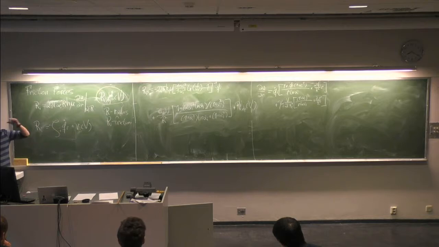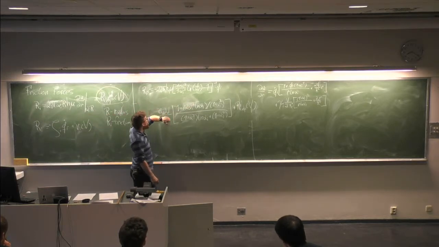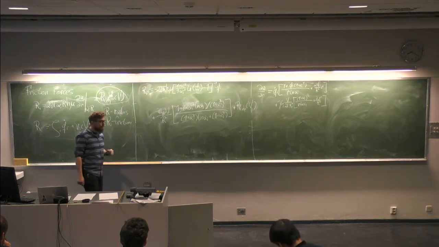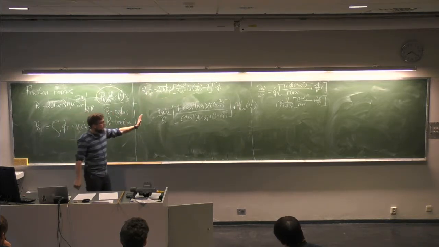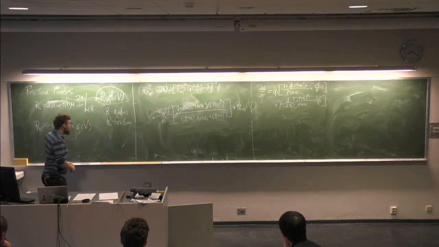Okay, so we have this kind of monster expression over here, though we know all of the variables, and also this other monster expression, and we know all of the variables.